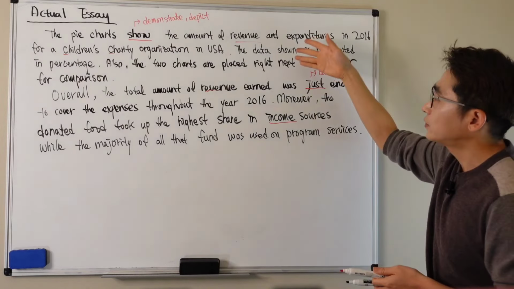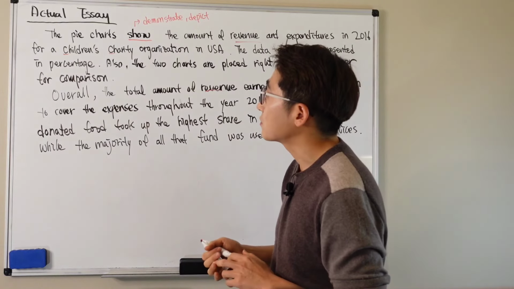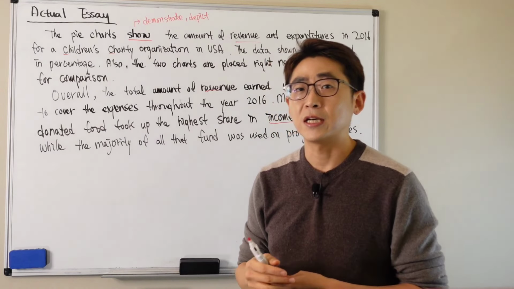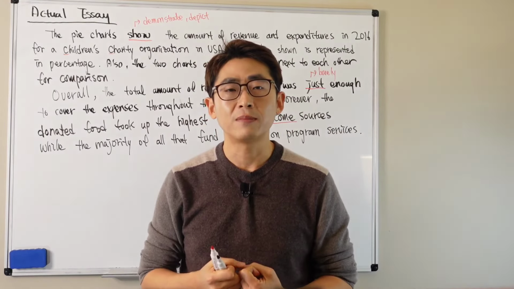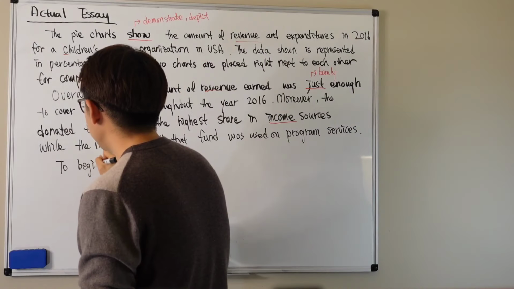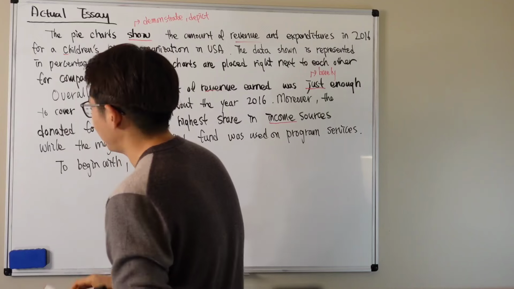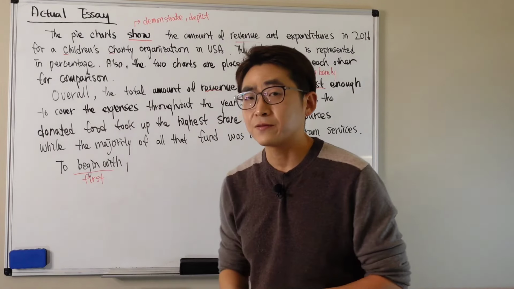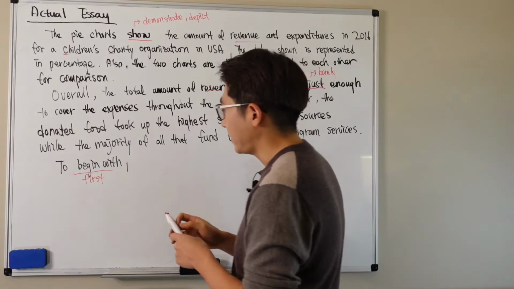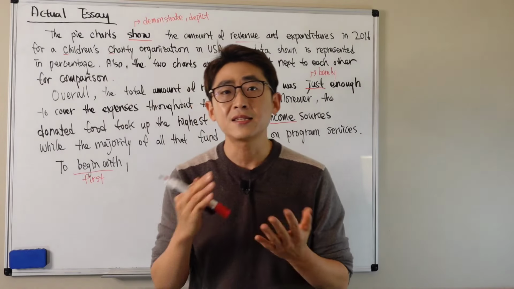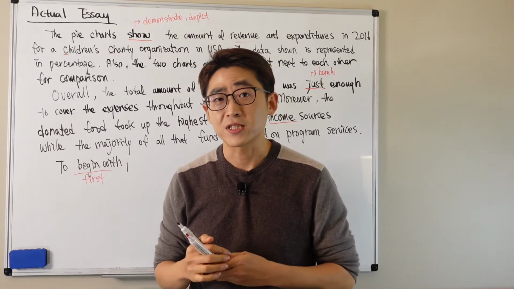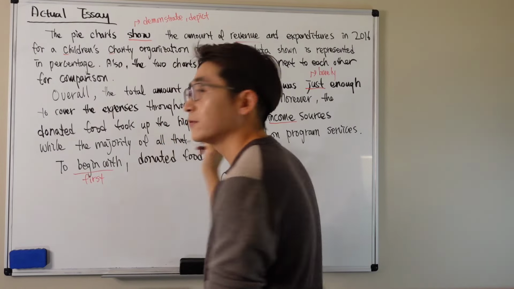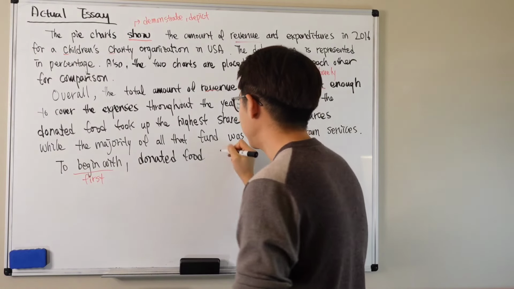Okay, so now we have two paragraphs. The first one was the description. The next one was the messages. Okay, and now we're going to dig deeper. We're going to talk about the actual data. Of course, you can replace this one with first or firstly, first of all. Okay. And so to begin with, let's talk about the revenue sources. Donated food constituted most of the revenue.